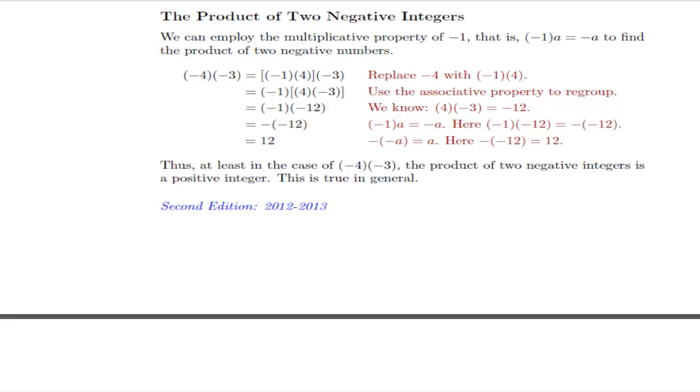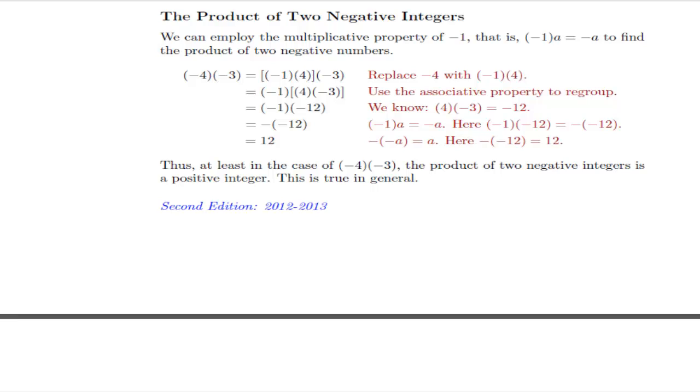Then use the associative property to regroup the numbers, grouping 4 and negative 3. Then simplify within the brackets to get negative 1 times negative 12, since 4 times negative 3 is negative 12.